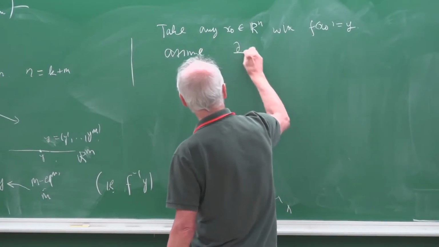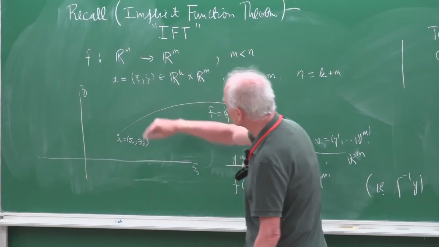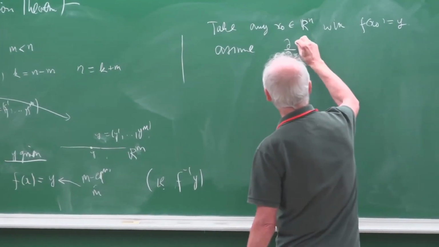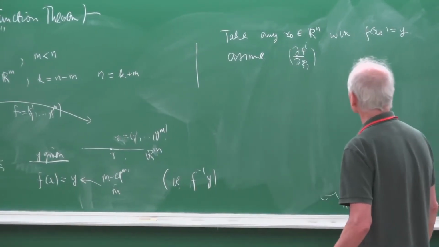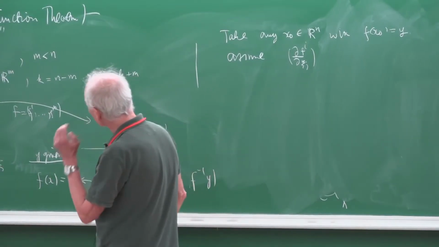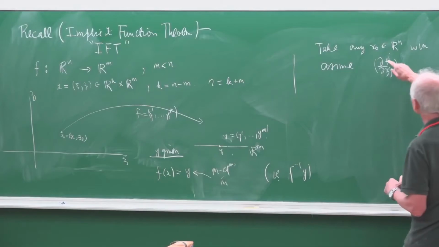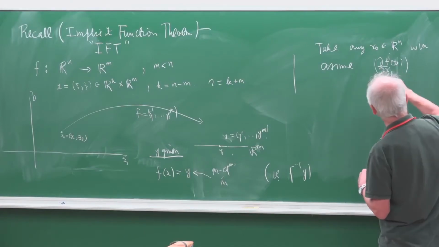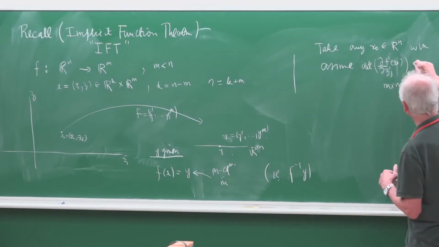that the partial derivatives with respect to the z variables, the last m variables, that is, ∂f_i/∂z_j, at x0, form an m by m matrix, so we can take the determinant, and assume that it's not equal to 0.